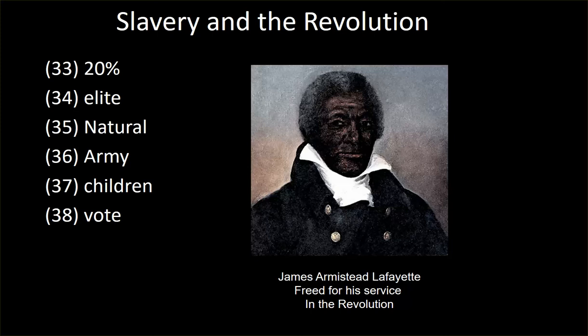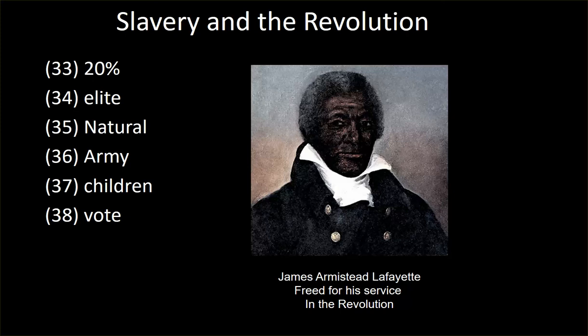And since wealthy men were allowed to send substitutes in their place to the militias, suddenly slaves had something that they could bargain with. And a significant number gained their freedom by agreeing to serve in the place of their owner. In '78, Rhode Island formed an entirely black regiment and promised freedom to any slave who would enlist.